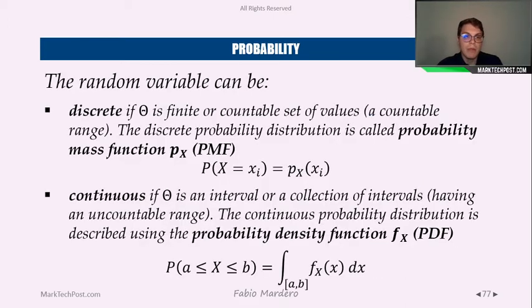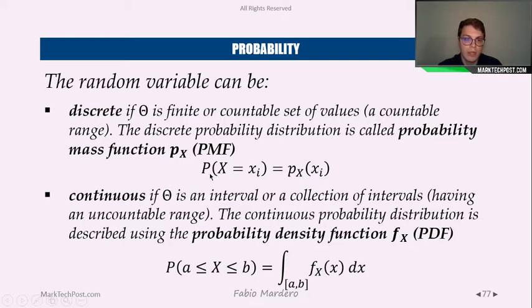But let's look at one random variable. A random variable could be discrete or continuous. A random variable is discrete if the space in which it maps is a finite or countable set of values, has a countable range. So the discrete probability distribution is called probability mass function, and is described like this.